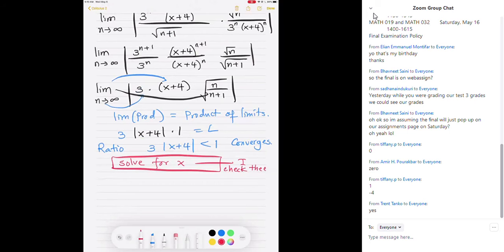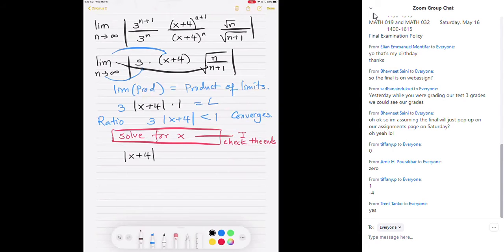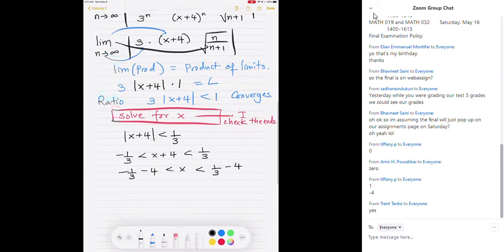So let's start. The absolute value of x plus 4 is less than 1/3. That would mean negative 1/3 is less than x plus 4 is less than 1/3. So I'm going to subtract 4 from both sides: negative 1/3 minus 4 is less than x is less than 1/3 minus 4. 4 is 12/3.